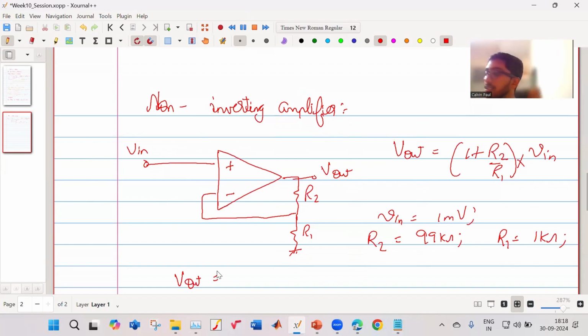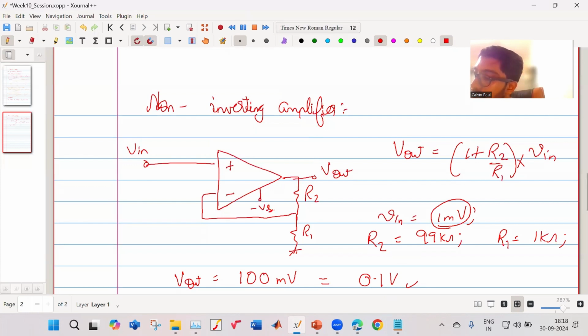What will be V out in this case? 100 millivolt, sir. It will be 100 millivolts, or 0.1 volt. So that's how a very low voltage can be amplified. It can be increased to some value. 0.1 volt also is something which we can measure.